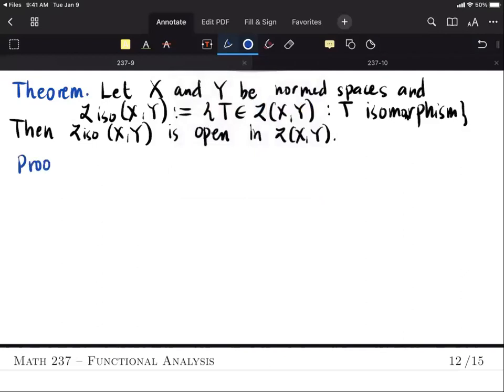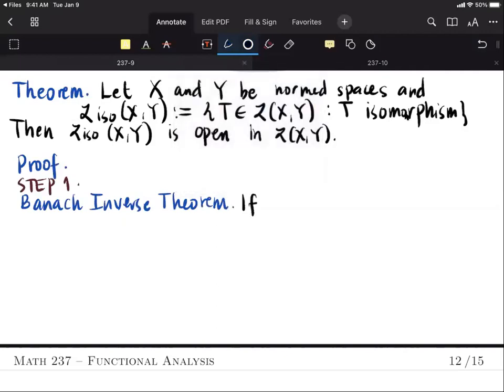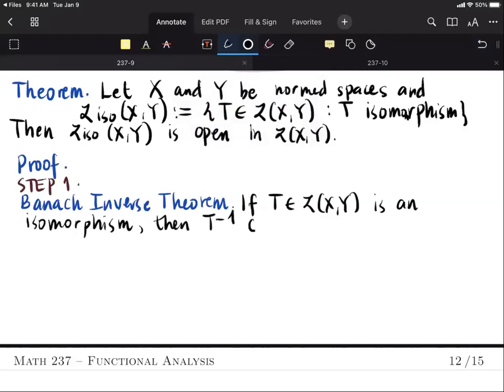So we will prove this in several steps. The first step is the so-called Banach inverse theorem, which states that if T is bounded and bijective, in other words, it is an isomorphism, then the inverse, which exists due to the assumption, is also bounded.